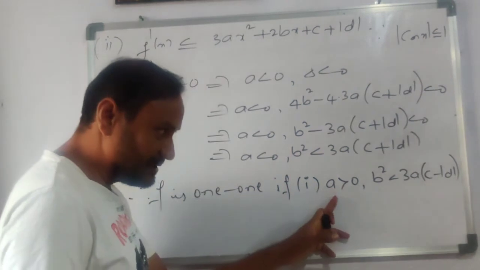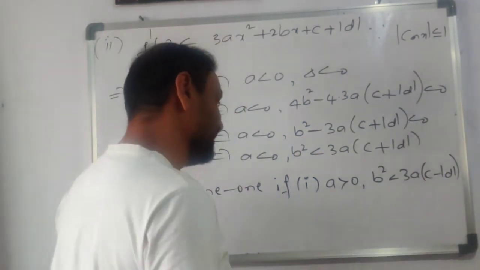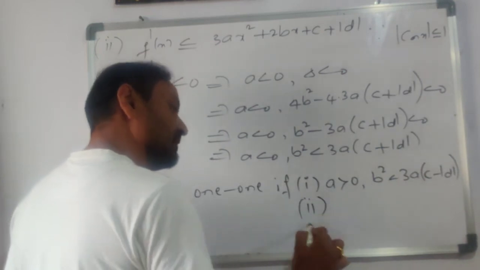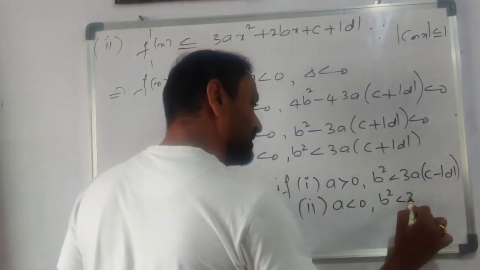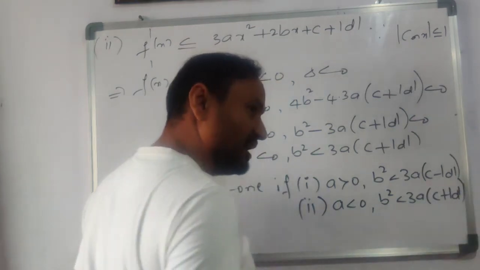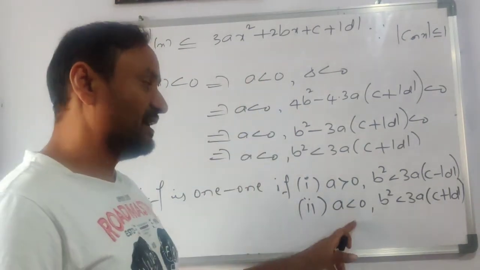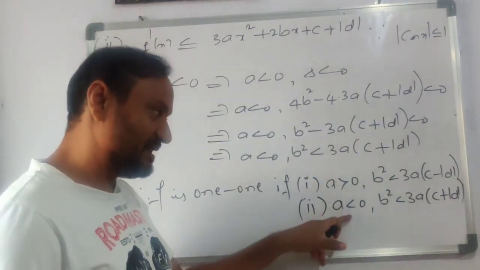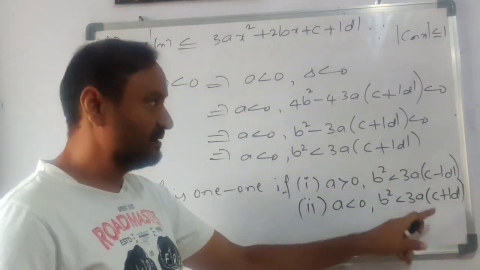Number 2, a is less than 0 and b square is less than 3a into c plus mod d. The given function is 1-1. There will be two conditions: for a greater than 0, this condition, and for a less than 0, this condition.